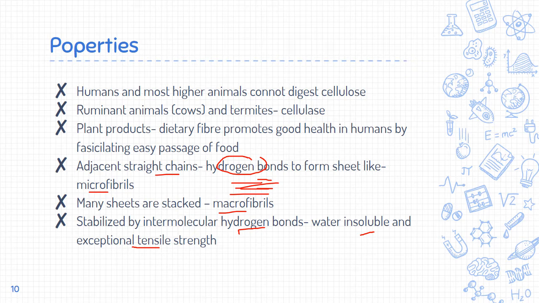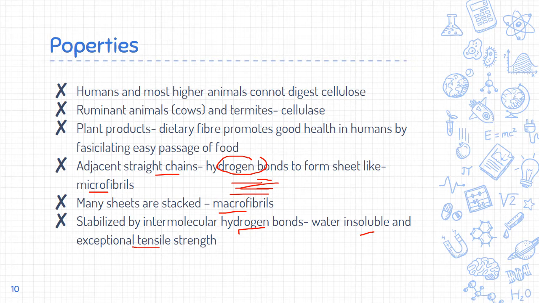This cellulase enzyme can break down cellulose. However, cellulose is one of the several plant products that are part of dietary fiber, which promotes good health in humans by facilitating easy passage of food down the digestive tract.